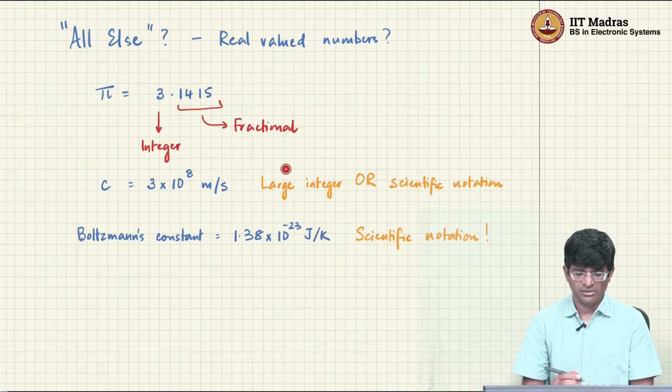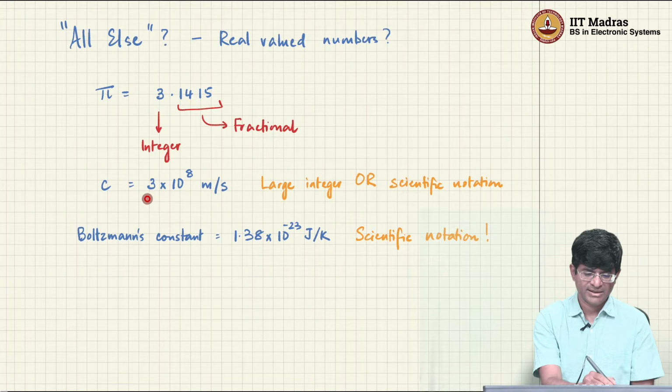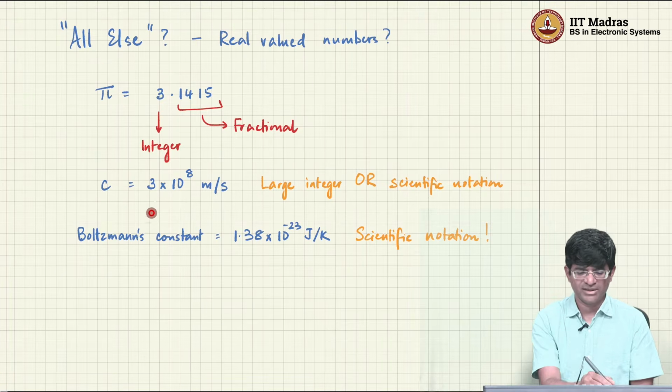Now another number: the speed of light is some 299,000 something meters per second, or rather it's very close to 3 into 10 power 8 meters per second. So what is this notation exactly?